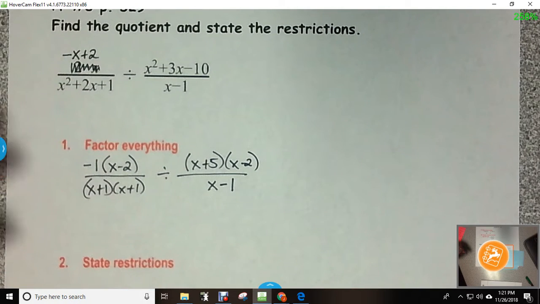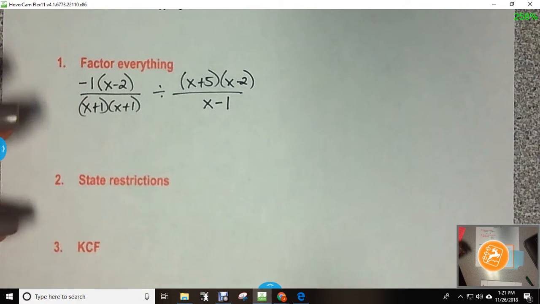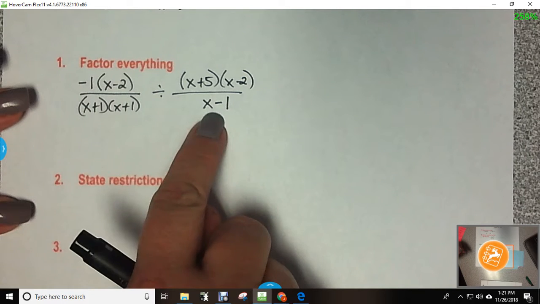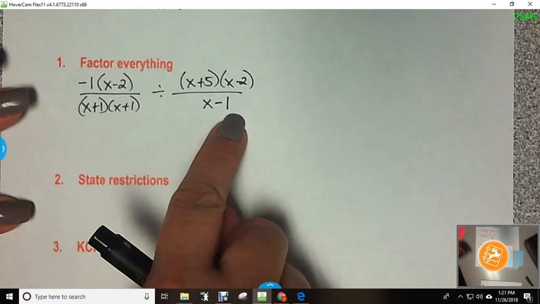And now, before I do the keep, change, flip, or the Kentucky Fried Chicken, KCF, we're going to do the restrictions. So my restrictions are going to be -1 and +1.